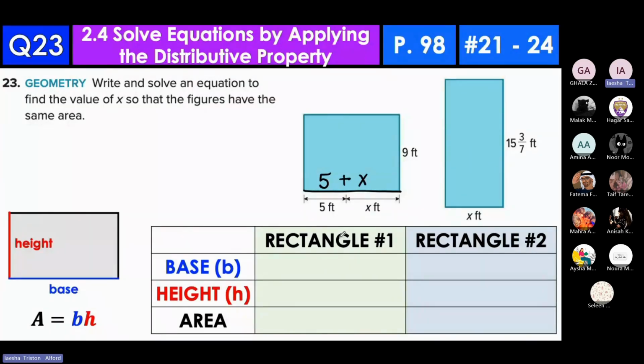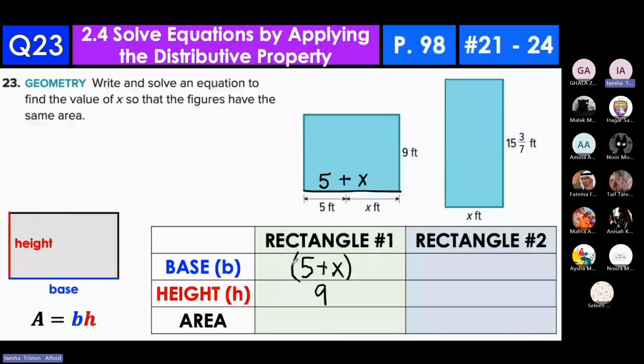Be careful with that one. They could put it. So the base, 5 plus x. Keep it, parentheses. What's your height? +9. Okay. To find the area, base times height.